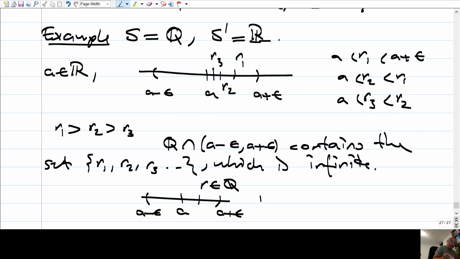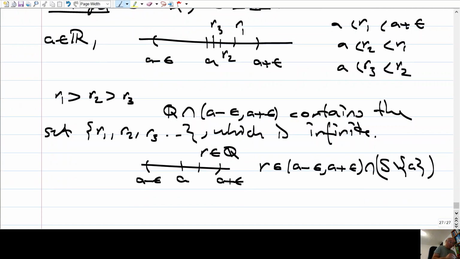Therefore, this R lies in the deleted neighborhood, right? So this is (A minus epsilon, A plus epsilon) intersection S minus {A}. So this lies in the deleted neighborhood. And this implies A is an accumulation point of S.